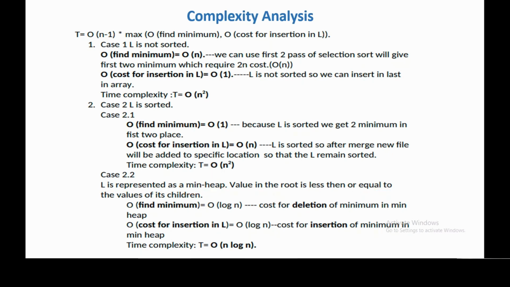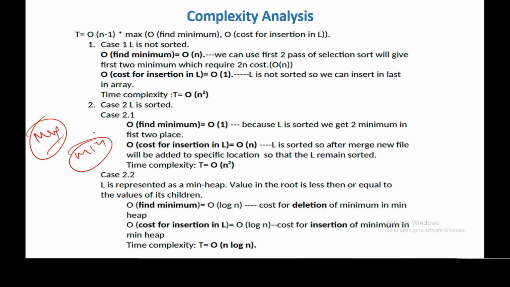We have studied heaps in priority queues, where we discussed the different processes on the max heap. I think you know the difference between max heap and min heap. In the case of max heap, the root node contains the highest value. In the case of min heap, the root node contains the minimum value.